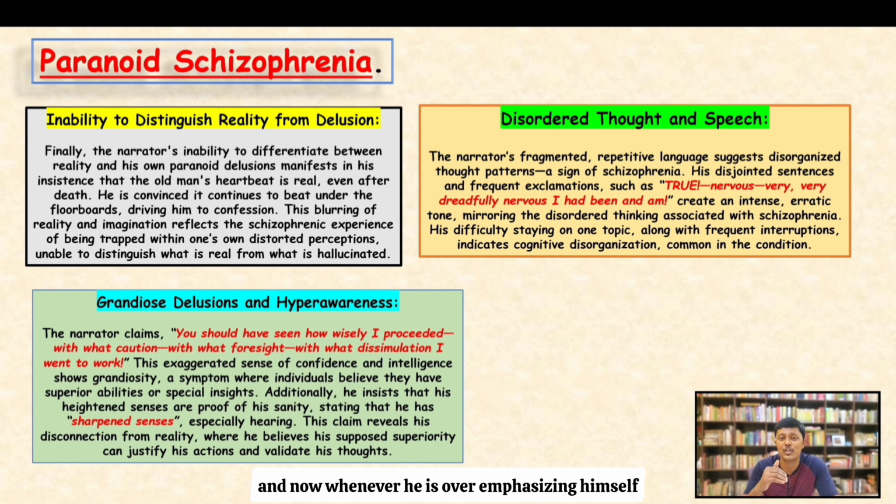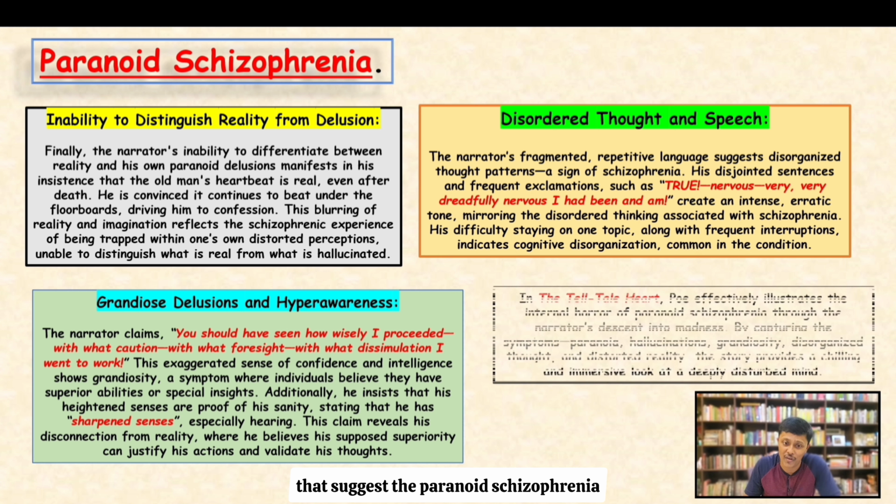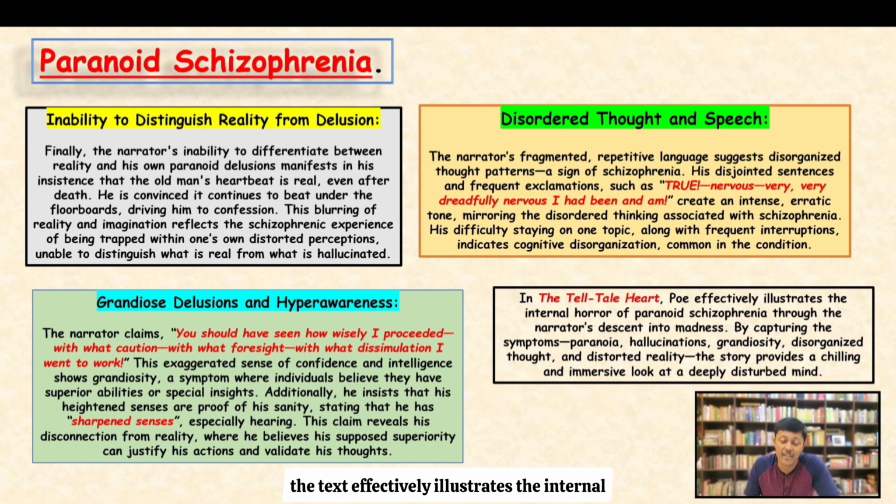And whenever he is overemphasizing himself, he is actually becoming a schizophrenic person, giving himself too much exposure, too much thought about himself. He is thinking of himself as a great person. So these are the factors, the examples, the clues that suggest paranoid schizophrenia. So the text effectively illustrates the internal horror of paranoid schizophrenia through the narrator's descent into madness. Gradually, the narrator becomes mad.